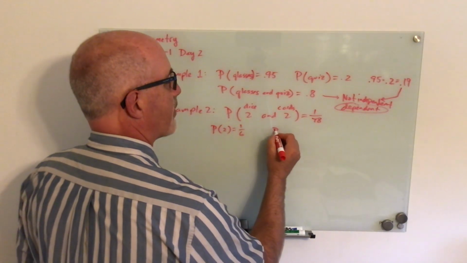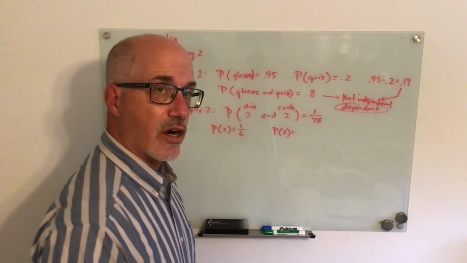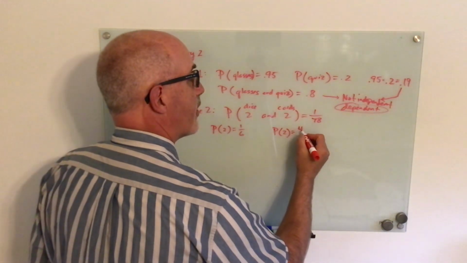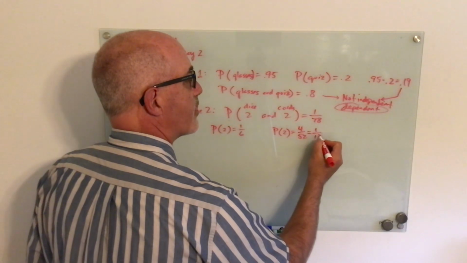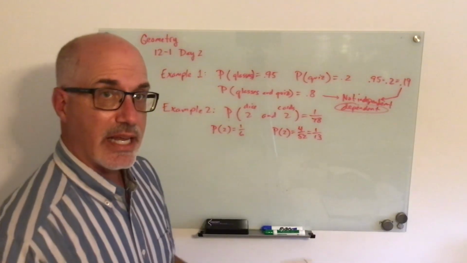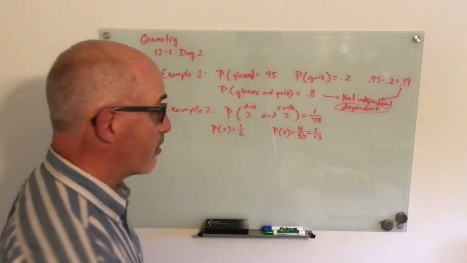So the probability of a 2 on the cards, there are 4 2s on the card, okay, and there are 52 cards, and that reduces down to 1 out of 13. Now we take those two, and if these two multiply together to give me that, then they're independent.